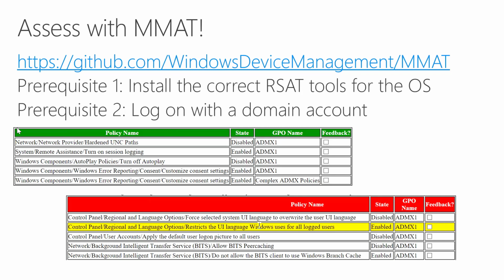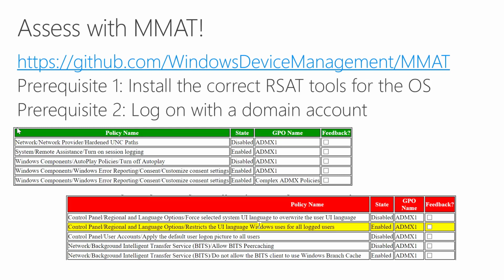So what I'm going to do now is talk about migrating GPOs, because that's often where we start with our settings. When I'm looking at migrating, I'm going to download a tool to a test machine called MMAT. It's up on GitHub. I'm also going to make sure that I have the Remote Server Administration Tools installed, because that's a dependency of MMAT.